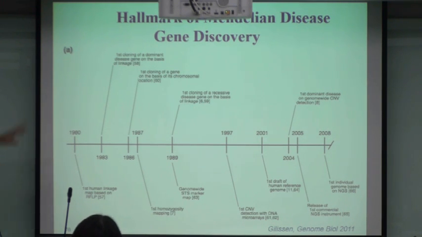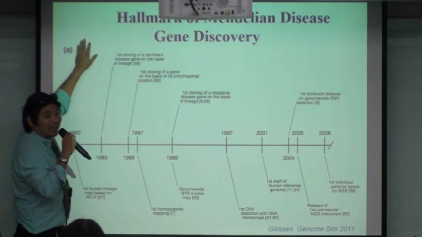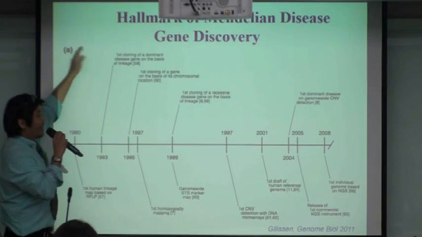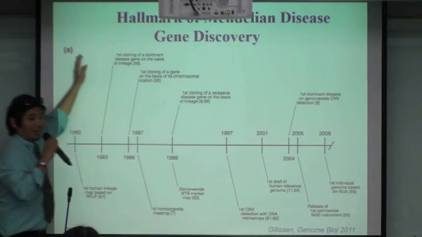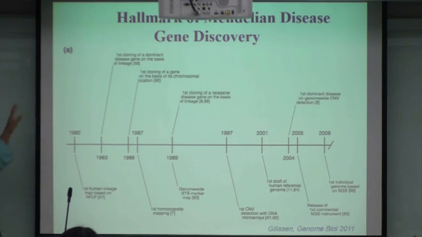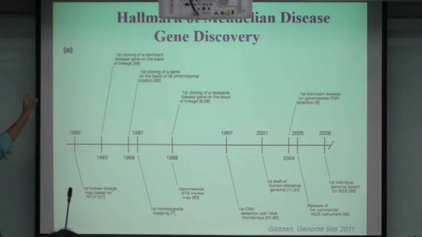And then, okay, we think this region in the genome would associate to that, and they do the sequencing for the whole family, try to do the linkage analysis. And then they may find later that this particular gene will link to the disease. Okay, but that is in the past, right?